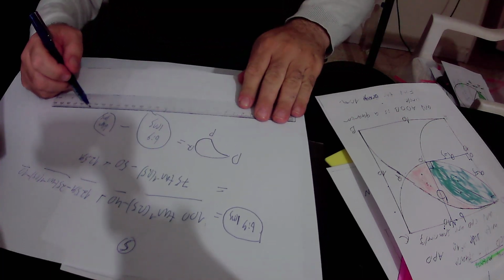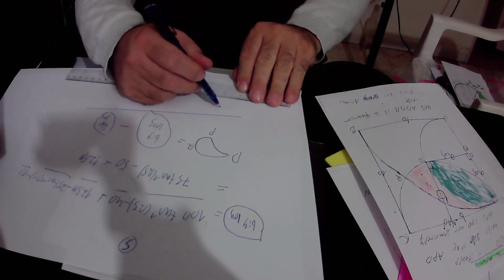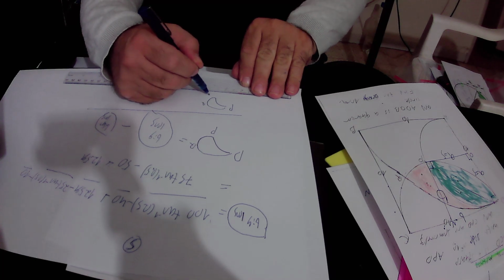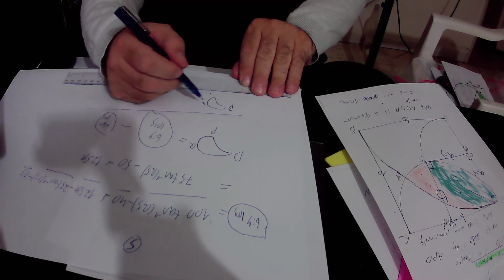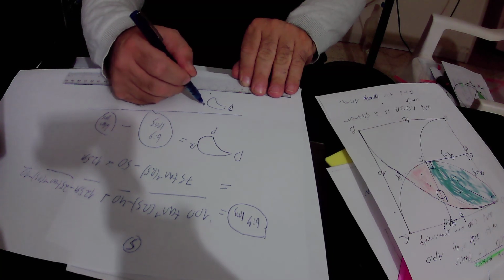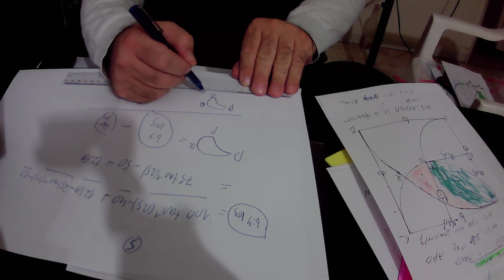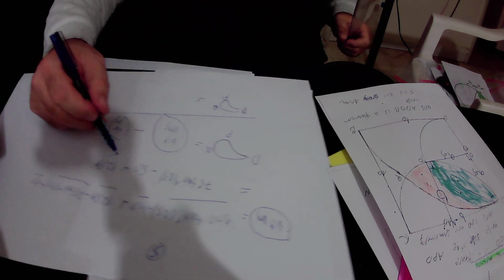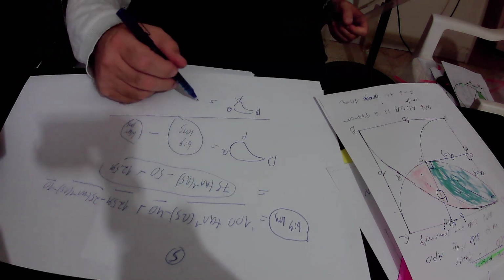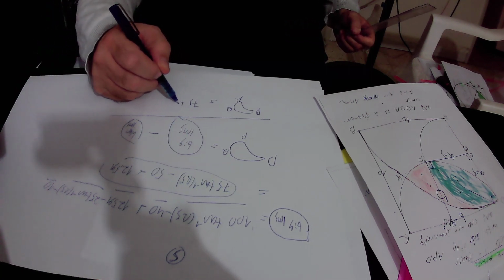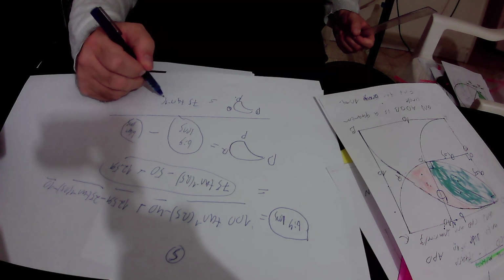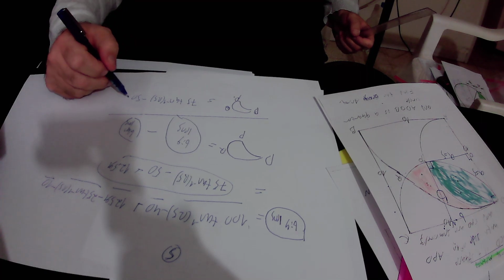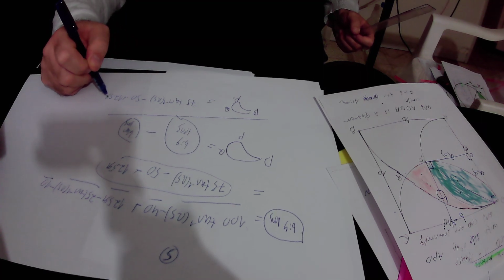So we already found out that the area of the big lens equals 75 times tangent minus 1 of 0.5 minus 50 plus 12.5 pi.